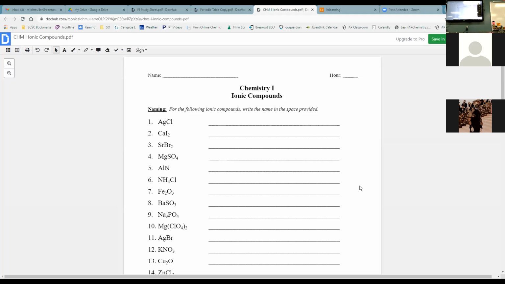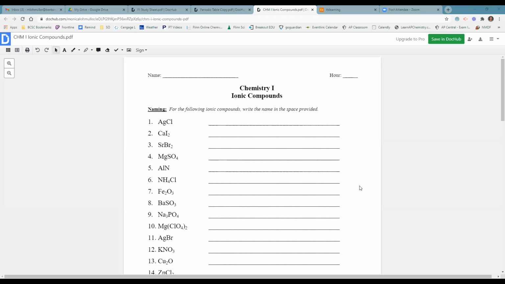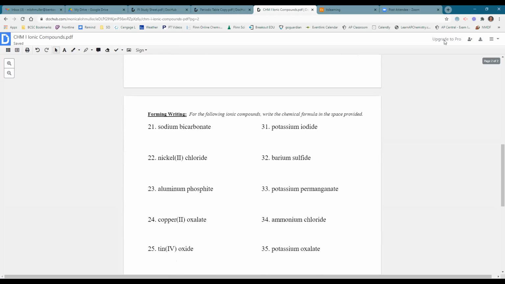Okay, so this worksheet, I have decided that I will only need you to try to do 15 on each side, okay? So you only need to do 15 on the front side for the naming part, and then only 15 on the back side for the formula writing.